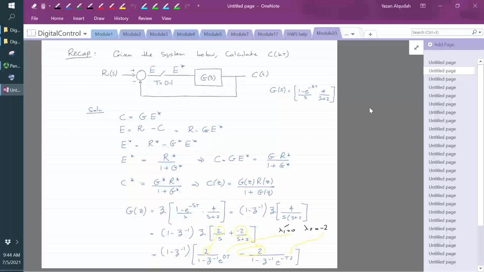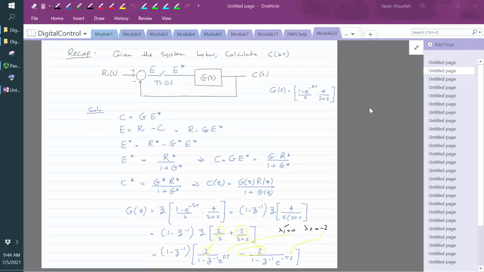So before we start our time response analysis, let's just recap what we have done so far. Let's look at this system. If we have this feedback system, what we want to do is calculate the transfer function of this system, or also calculate the output of the system. Now, we have R of S, which means it's a continuous time signal.